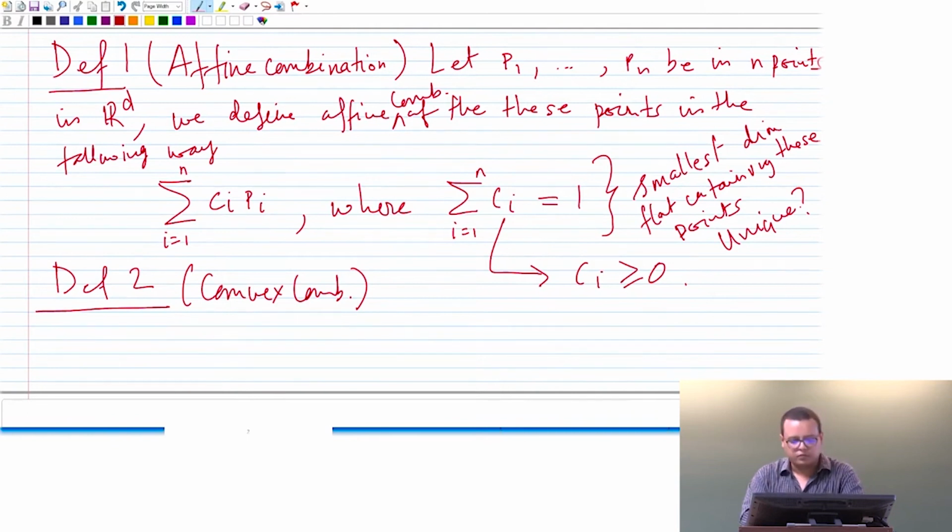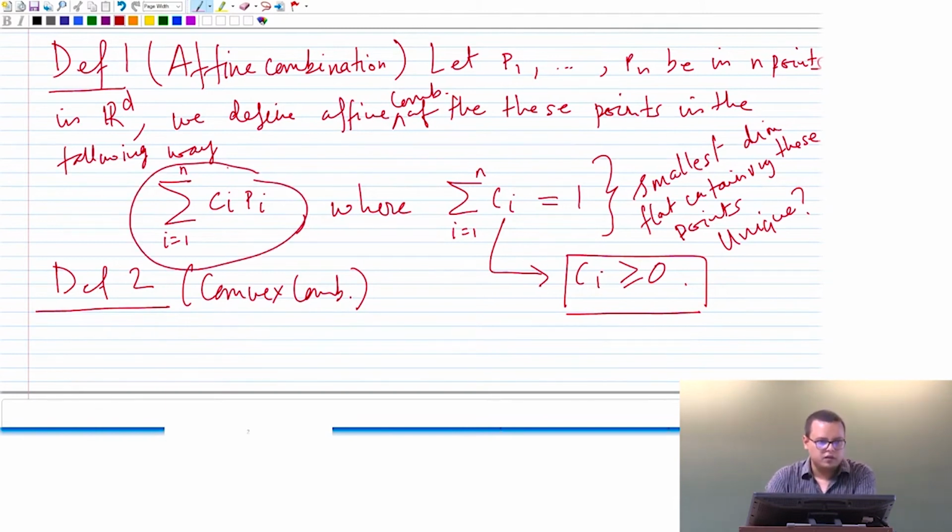Good. So, now if I ensure Ci is greater than or equal to 0, what do I get? We get what is called a convex combination of points. So, I am varying Ci's such that all Ci's are greater than or equal to 0, but they sum up to 1, and I am looking at all the combinations like these, summation Ci Pi.